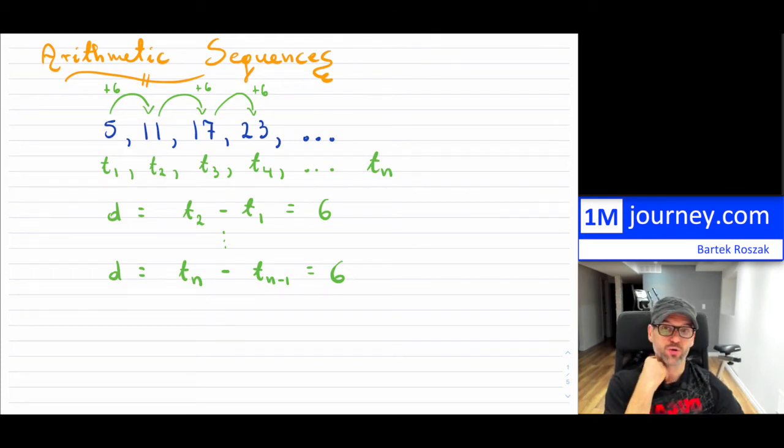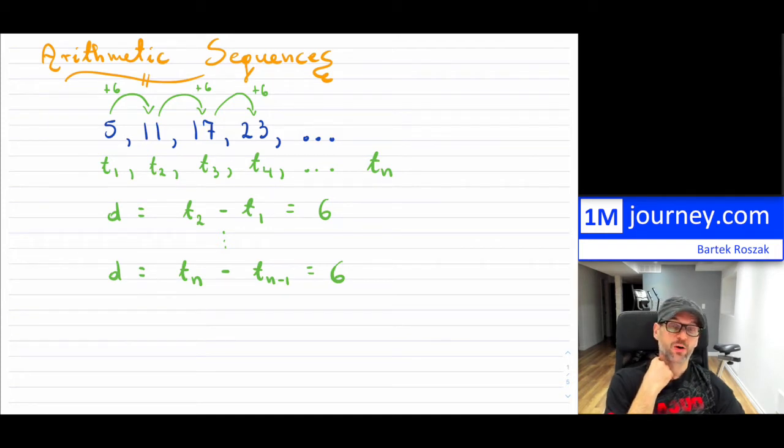Now, our goal is going to be to find some kind of an expression or formula for the general term in the sequence. So maybe it's term 10, maybe it's term 20, maybe it's term 300. So can we find a general formula throughout?